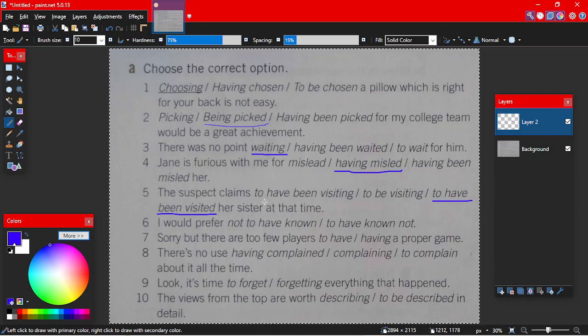Do you see how at the very end of the sentence, it says at that time? That means that the suspect visited her sister, and now he isn't visiting her sister anymore. It's something that happened in the past, and now it's not happening anymore.